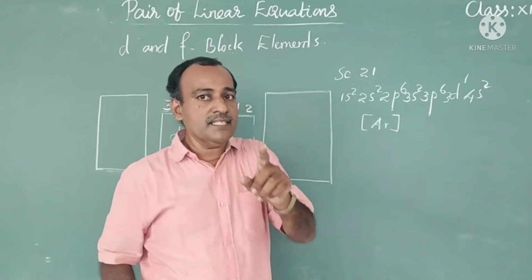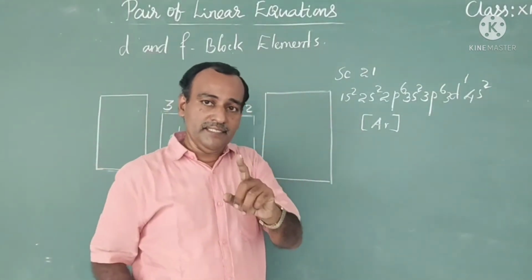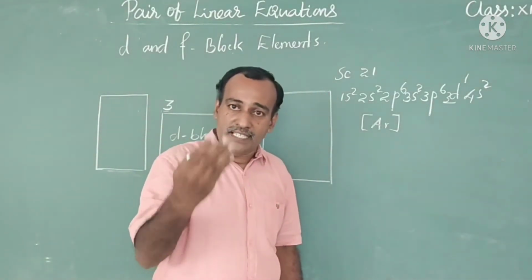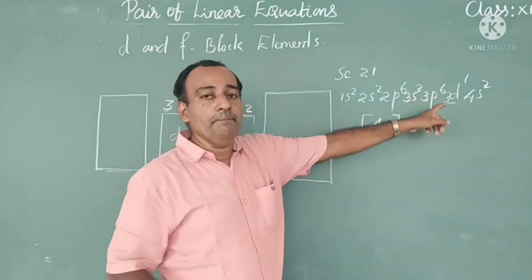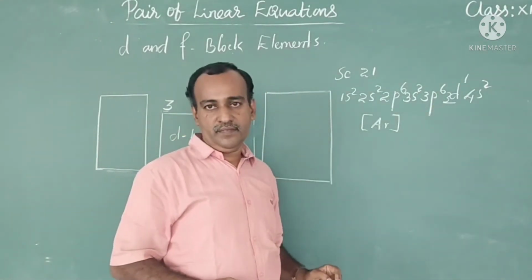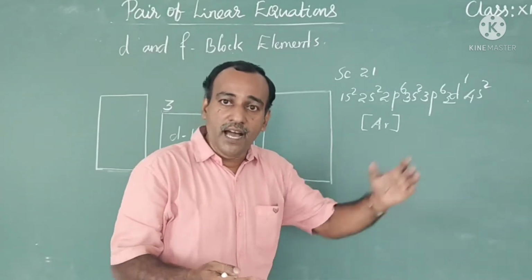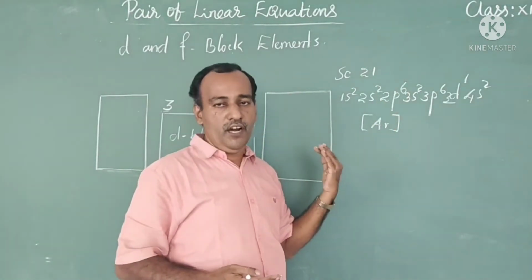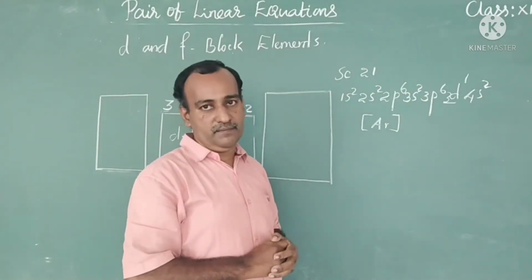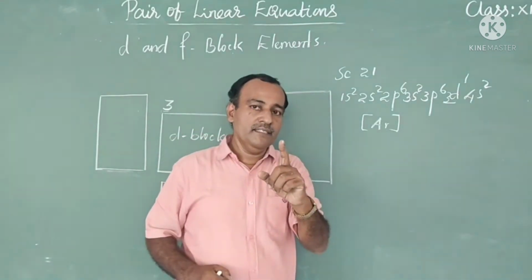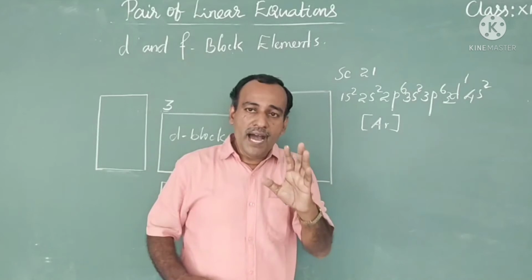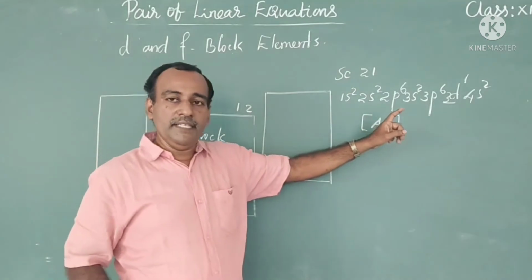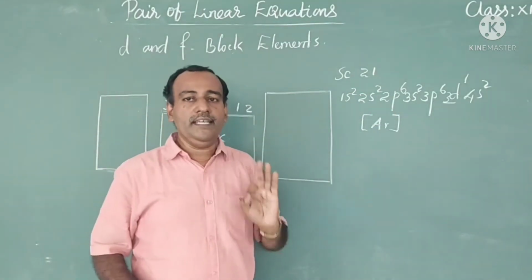So the last electron of these elements enters the d orbital, but that d orbital is present in the penultimate shell. What do we mean by penultimate shell? Last but one. From the last, the next shell is called the penultimate shell. So the elements which contain partially filled d orbital in the penultimate shell are called D block elements.